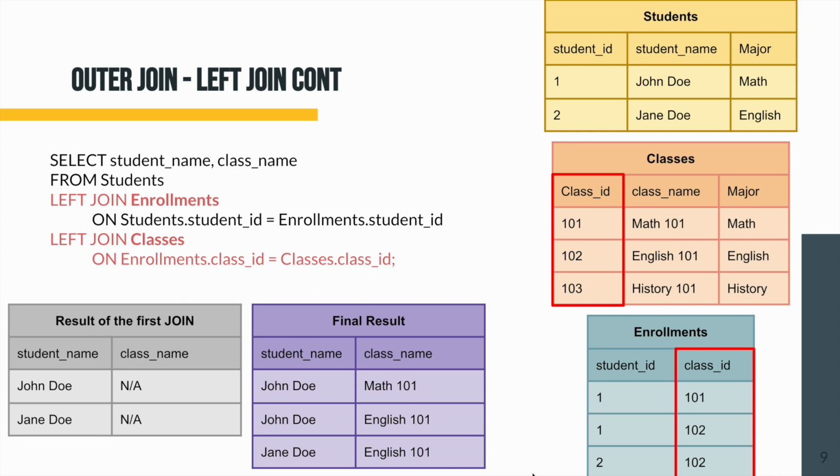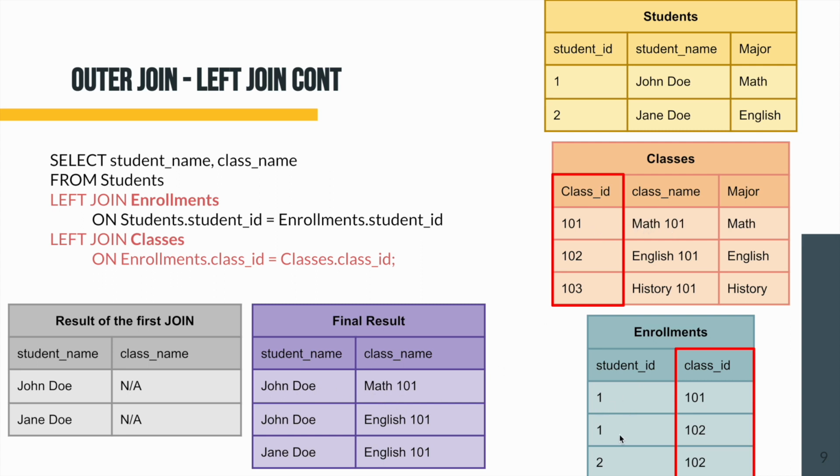But let's add the second join clause, which is between enrollments and classes. In this case, I'm matching the class ID to get the class name. I already know that student ID 1 was John Doe, and I know the class ID matches Math 101, so I have that here.